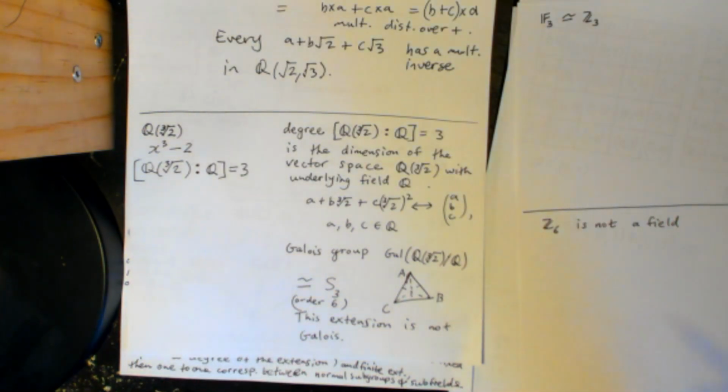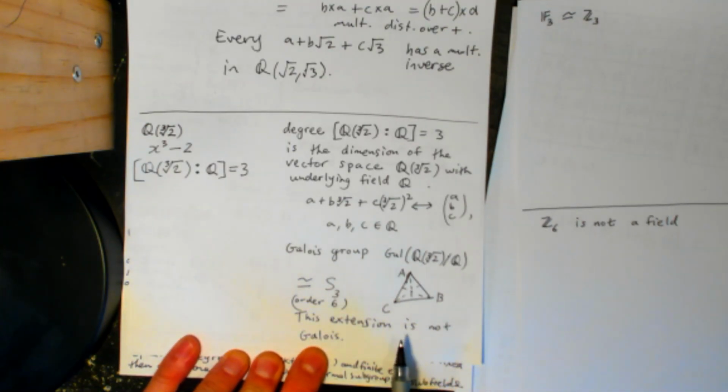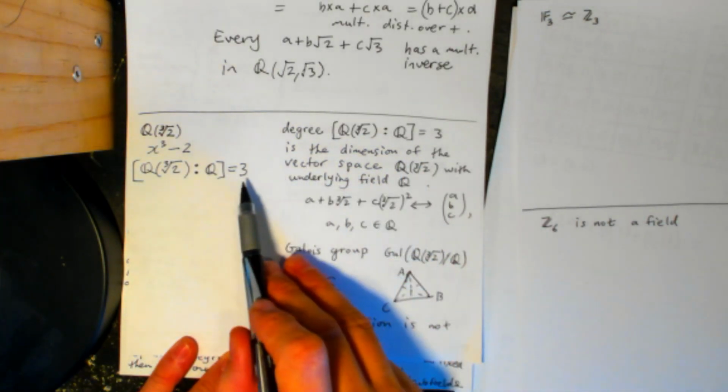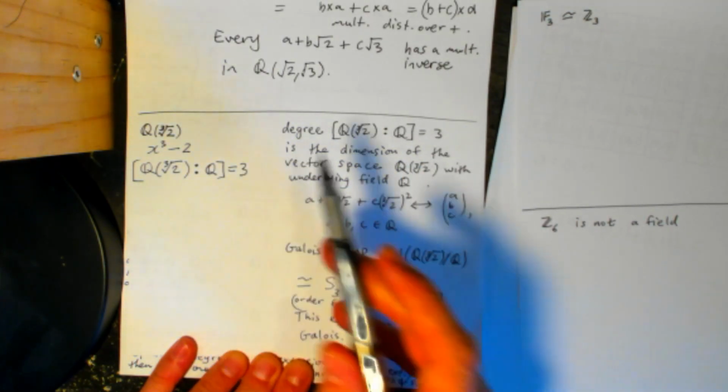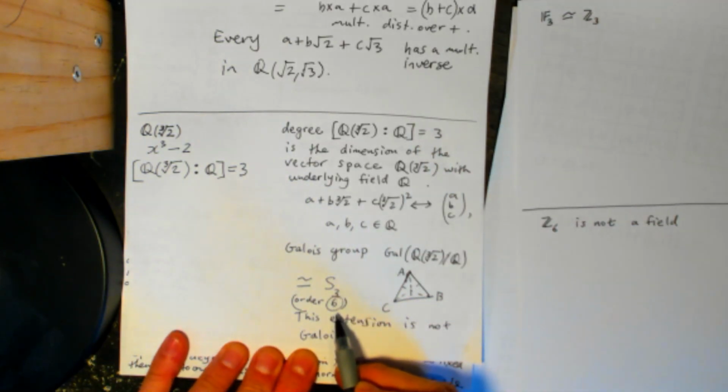But we know we have 6 of these. This has order 6, but this degree here, the dimension of the vector space, is 3, and that is not equal to this 6, the order of the Galois group here.